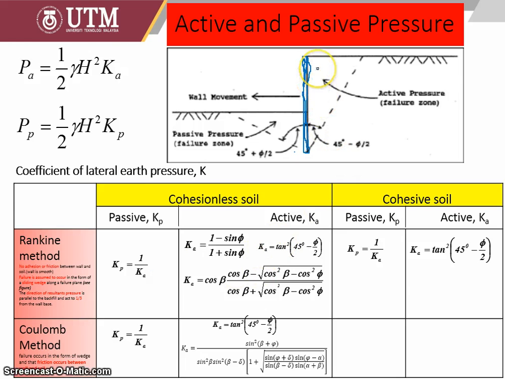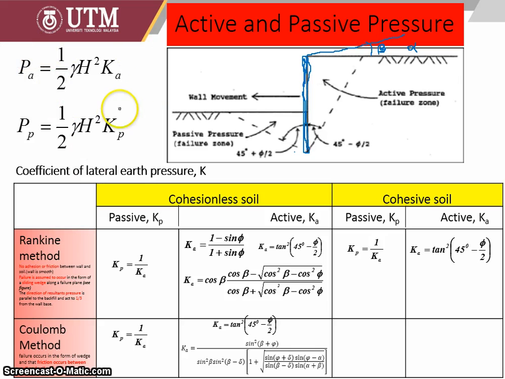We can also have an embankment with flat ground, or slightly inclined with an angle, a beta angle. Sometimes in Coulomb they use an alpha angle, but usually in the Rankine method we use a beta angle, meaning there is a slight inclination in the embankment for the retaining wall.